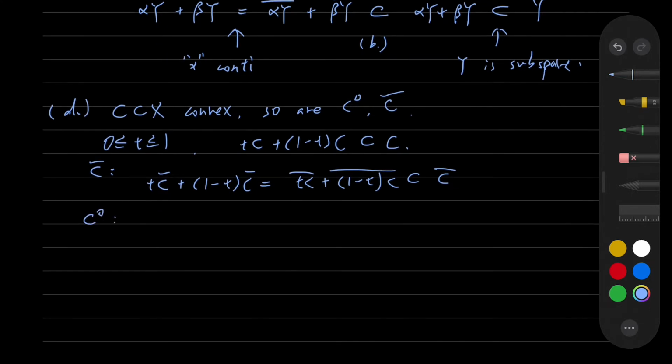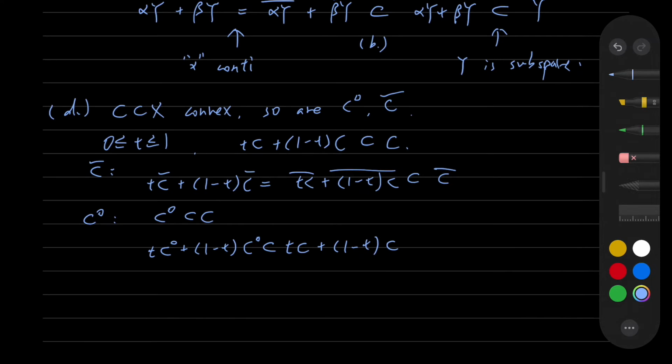So the interior part. Because the interior is contained in the set itself, we have the following property. First, we write this, which is contained in the set without the interior.